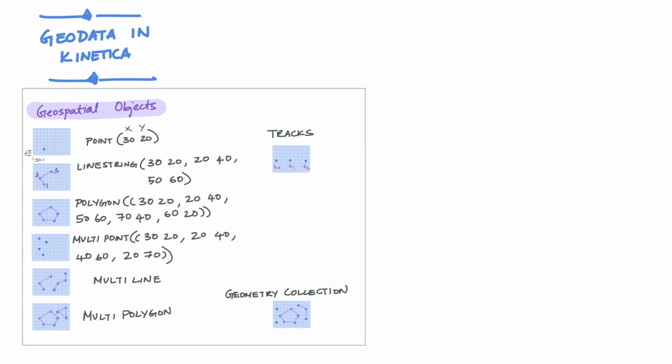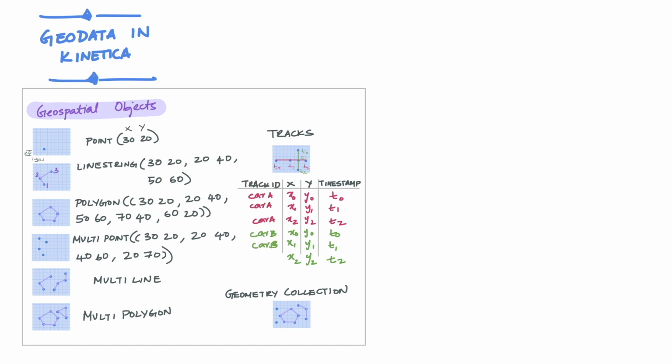Each of these paths or tracks, in other words, can be described as a collection of points with an x and a y value that is associated with a particular point and a timestamp indicating the time it occupied these x and y values. Finally, the track associated with each of these cars can be identified by a track ID.